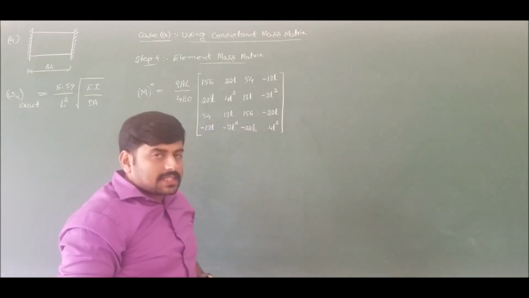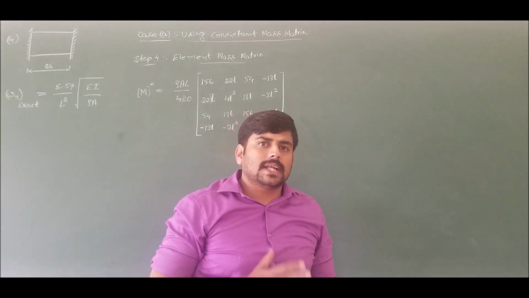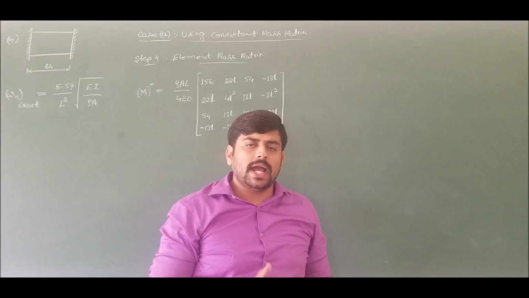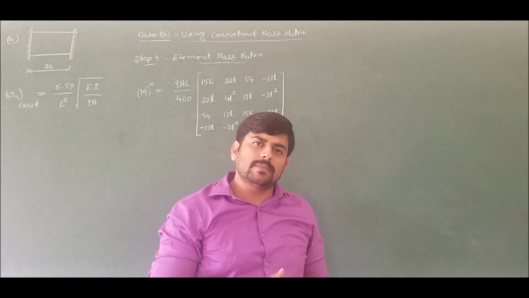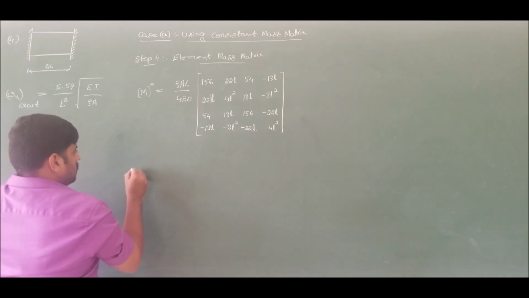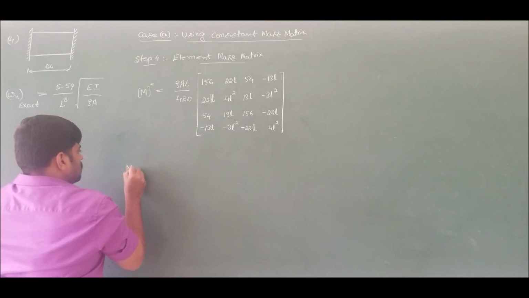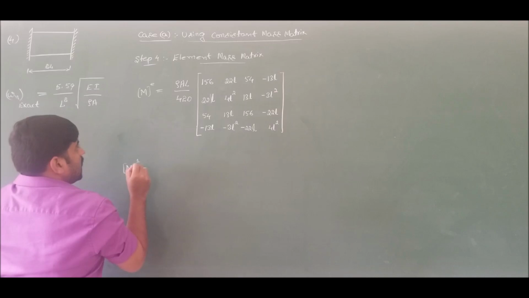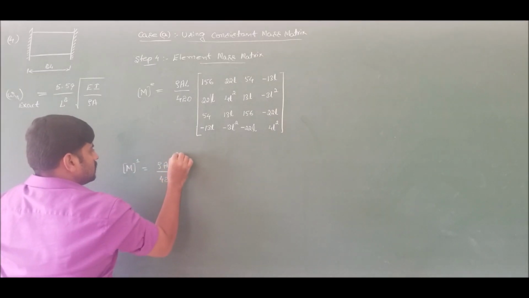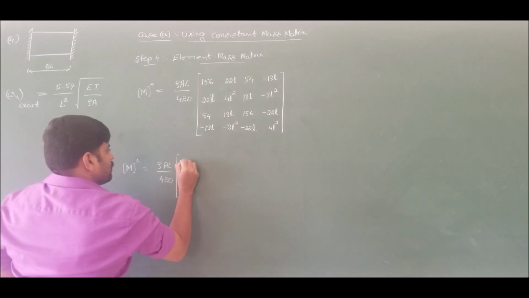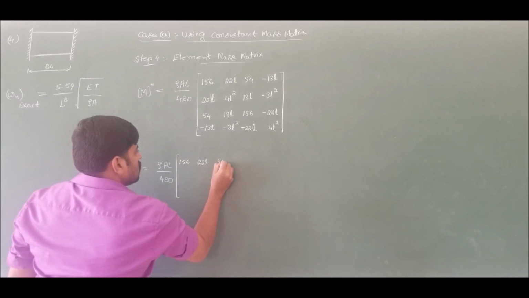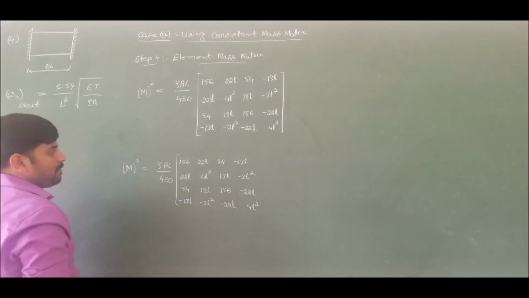To construct the global mass matrix, let us write the element mass matrix for element 1 and element 2 individually and mark the nodal variables of element 1 and element 2. If I do that for element 1, we will get the element mass matrix of element 1 as rho A L by 420, 156, 22L, 54L square.